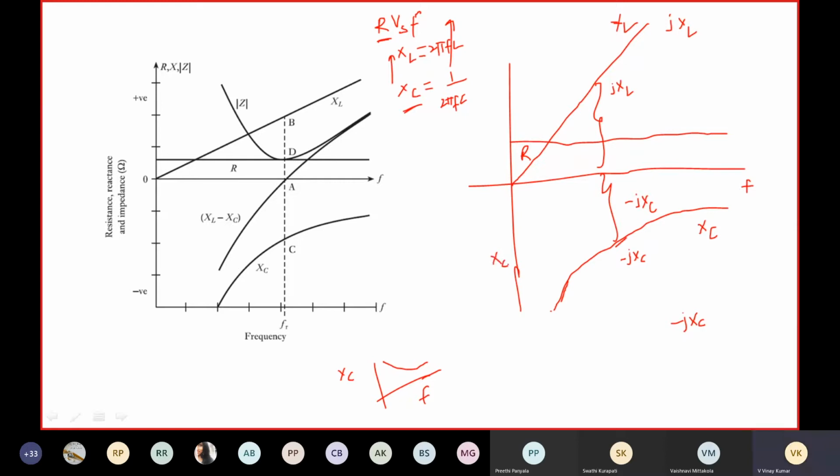So here this magnitude is equal to this magnitude. Both are equal now. JXL is equal to minus JXC.